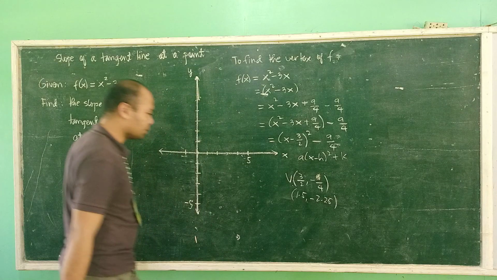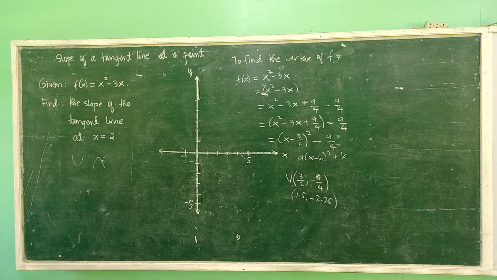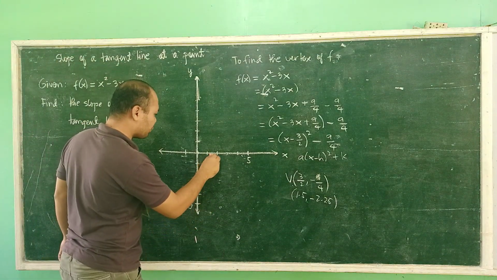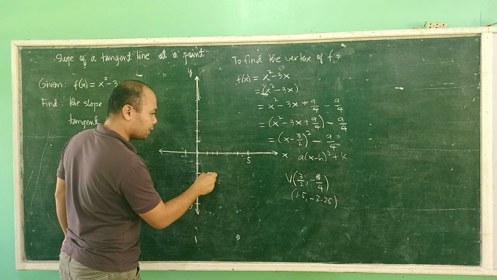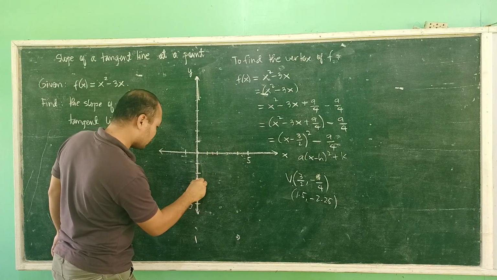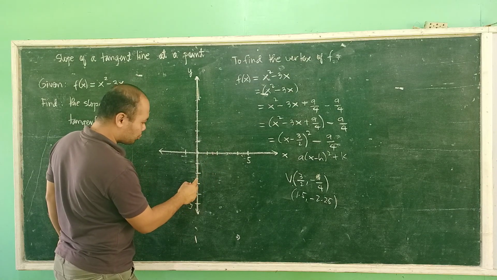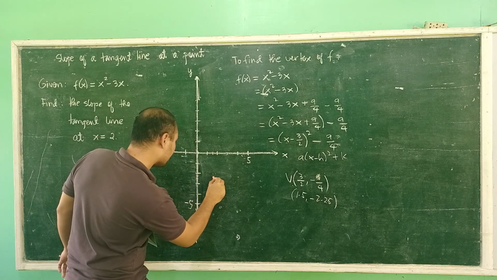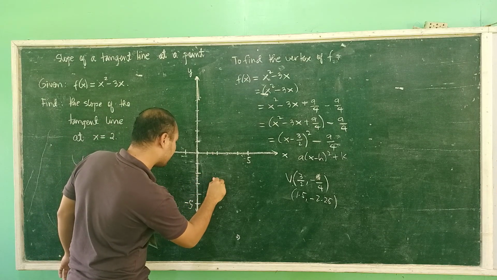That's the vertex. Okay? So let's try to plot the vertex. That's 1.5 somewhere here, and then negative 2.25, so somewhere here. Okay, so that's the vertex.